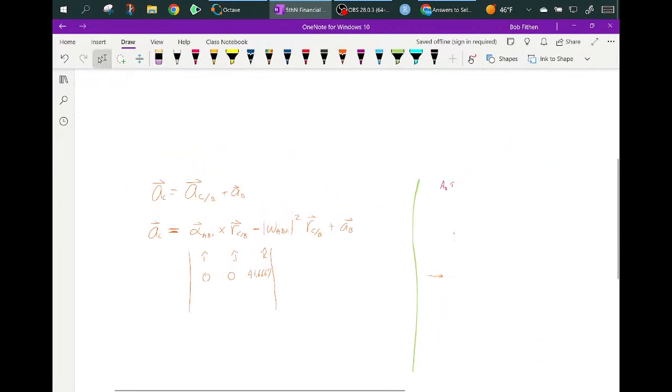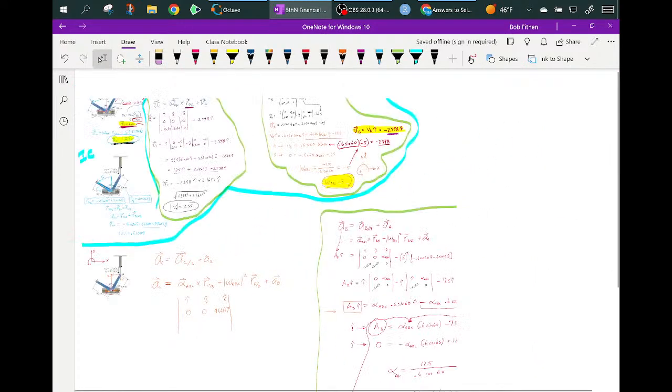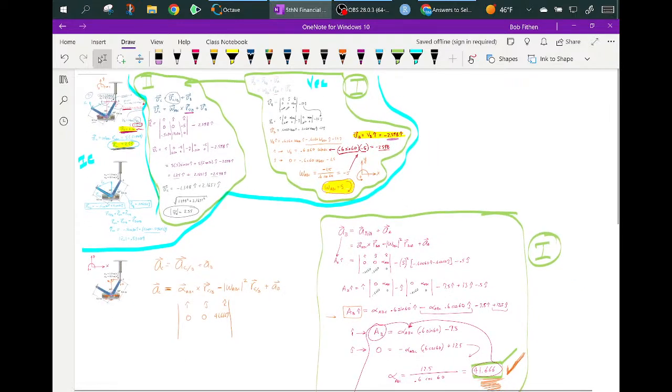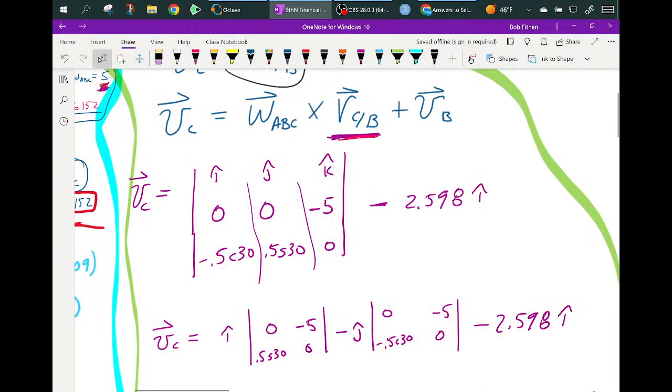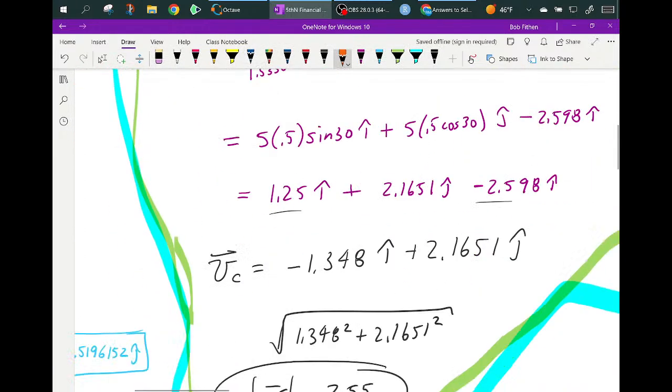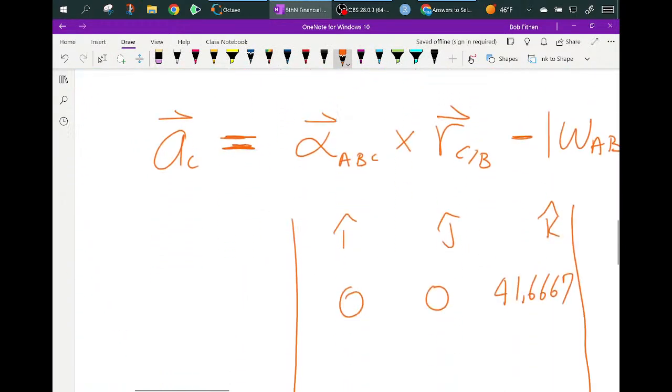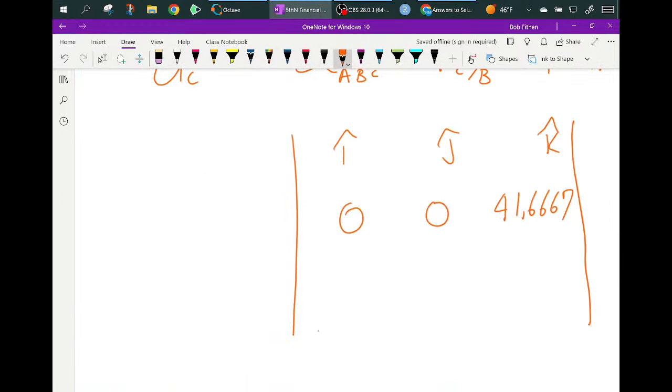Then C to B, let's take a look at that. When we were up here using the velocities, guess what we did? We found that. This is what we found. So what we're going to do is a copy, because we had it before, and then we'll do a little check.